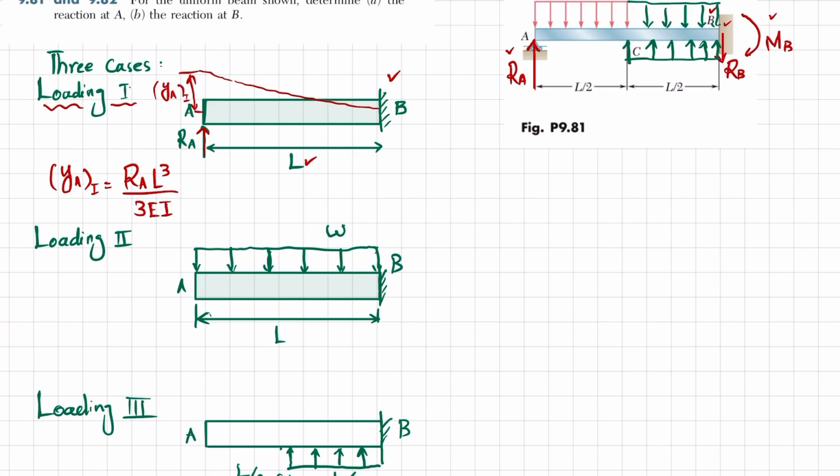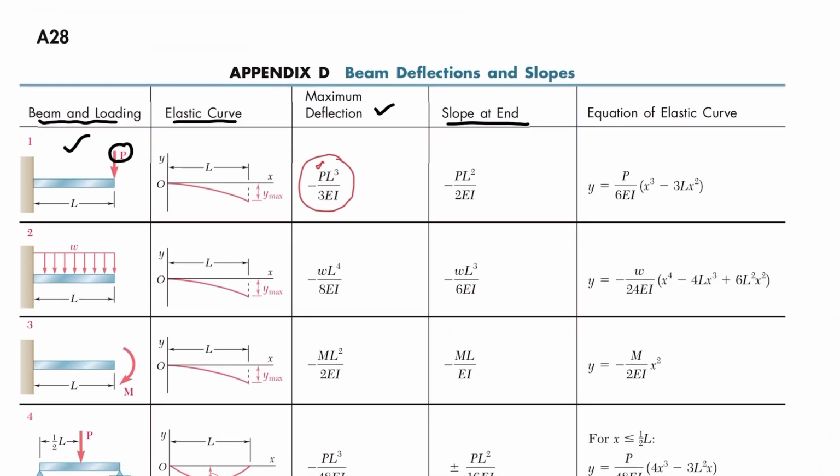Clear? Similarly, for loading 2, I will go to the scenario where a cantilever beam has a uniformly distributed load. You can see this is case 2, with uniformly distributed load. In this case, the deflection YA of the second loading condition will be minus WL^4 over 8 EI.